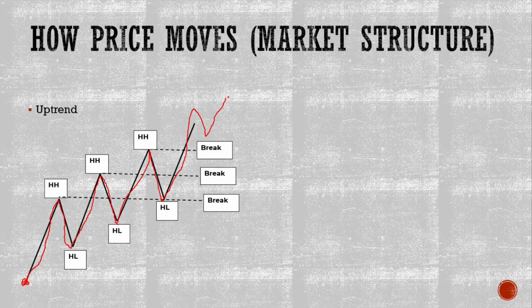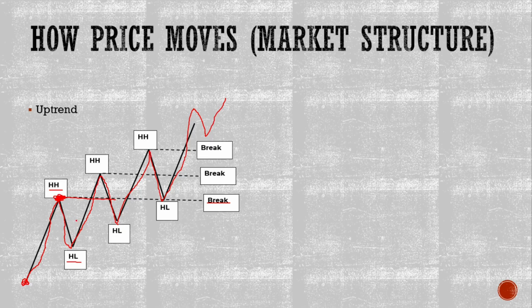As it makes this push and pullback, it's also creating three points in that uptrend: higher lows, higher highs, and break of higher highs. As you can see right there, it says break. These are the three things price will do if it's in an uptrend.